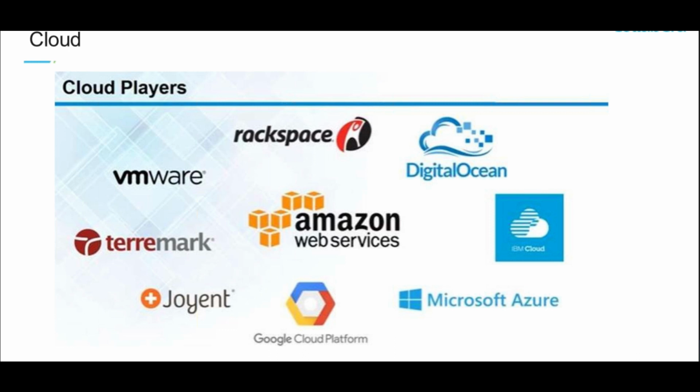So likewise, there are so many cloud players, but when we talk about cloud computing, primarily we discuss three major cloud computing players in the market, and that is specifically related to the public cloud. So the biggest cloud providers are Amazon Web Services, Microsoft Azure, and Google Cloud. They have a very big presence across the globe. A lot of organizations are using their services.